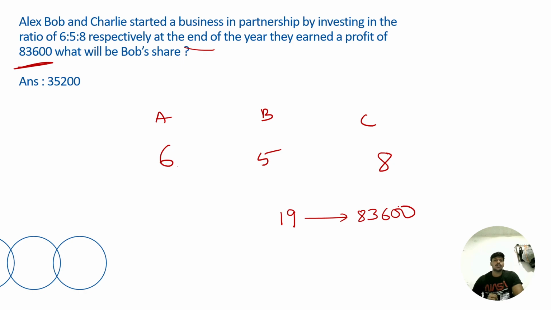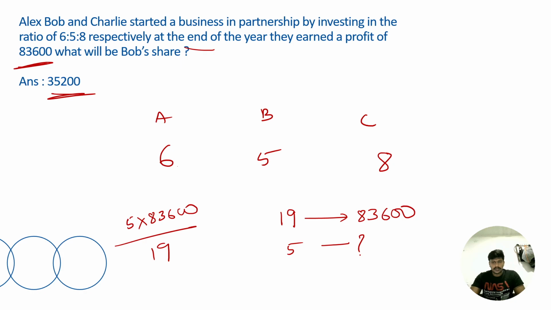is 83,600. Okay, and we need to find out Bob's share, which is 5. 5 equal to how much? Just do the cross multiplication: 5 into 83,600 by 19. If you simplify, you are going to get this one. I hope that is clear till now. So what we are doing is, what is the value you have here, and what was the given value there.